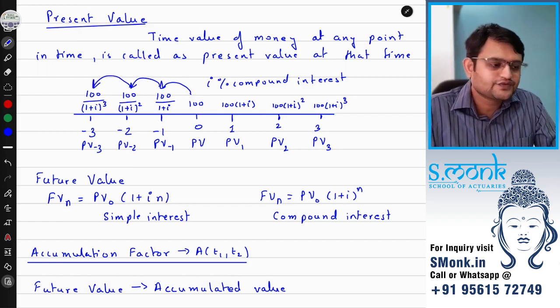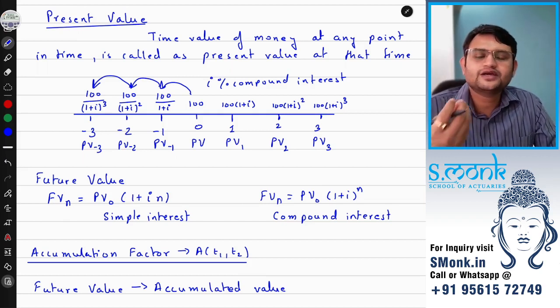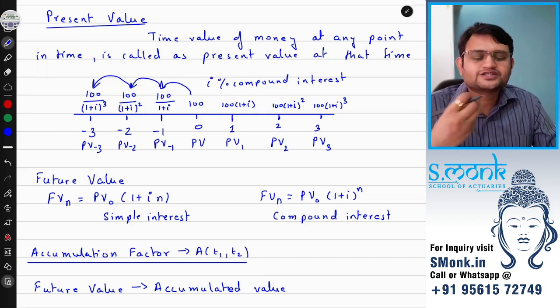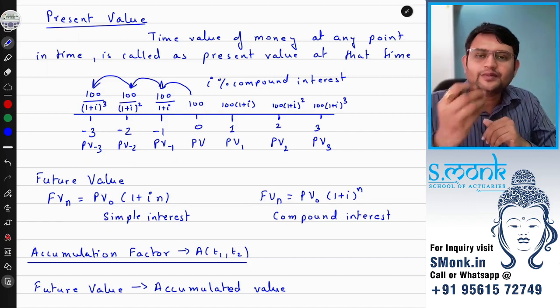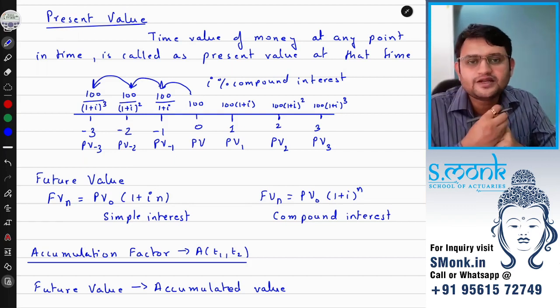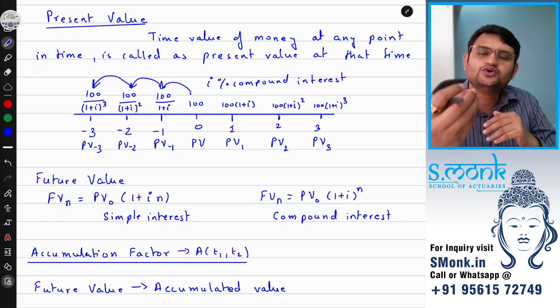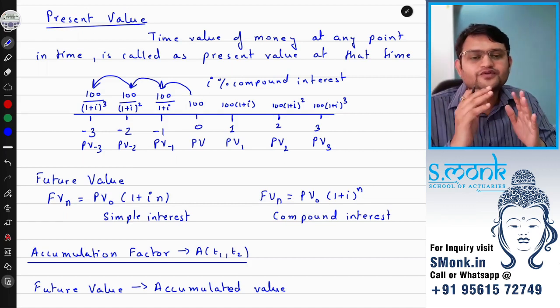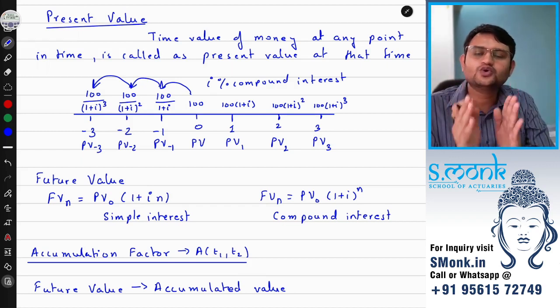The reason is, whenever we are taking any finance subject, if I say I am getting a salary of 100 rupees today, it is actually converting the services that I have provided you. I am teaching you, that is why you will pay my salary. So basically I am converting one value into the other. But when we are considering finances, we are not going to convert salary or goods into money.